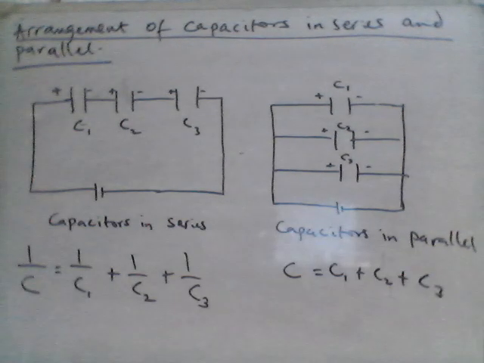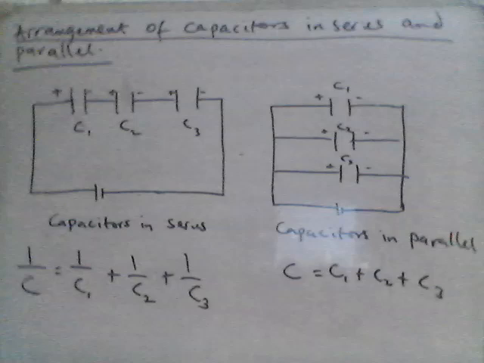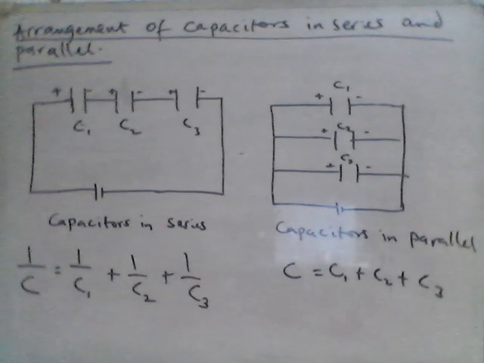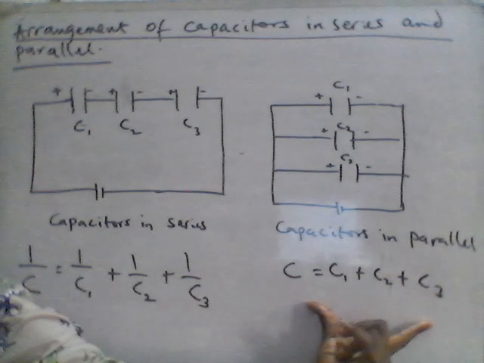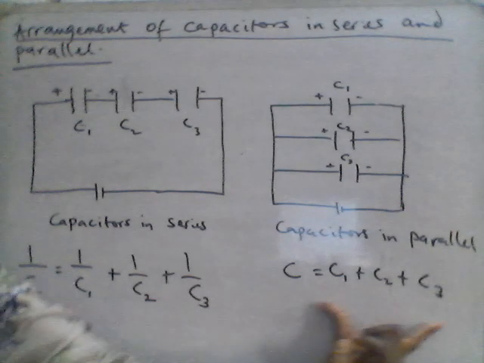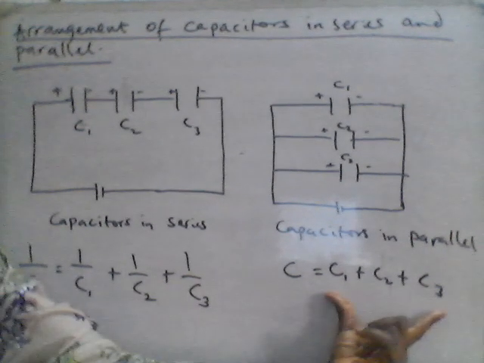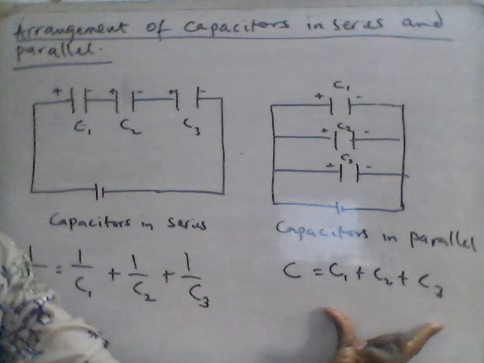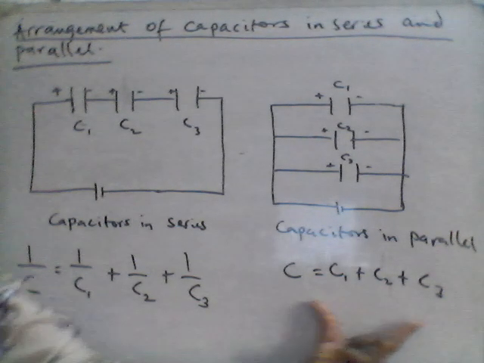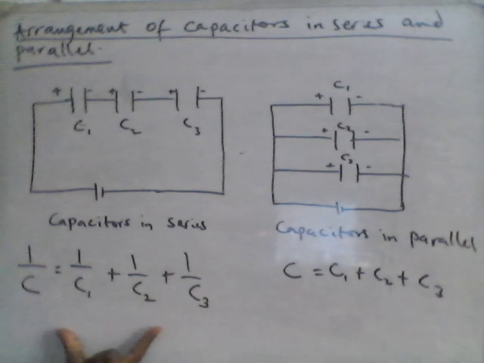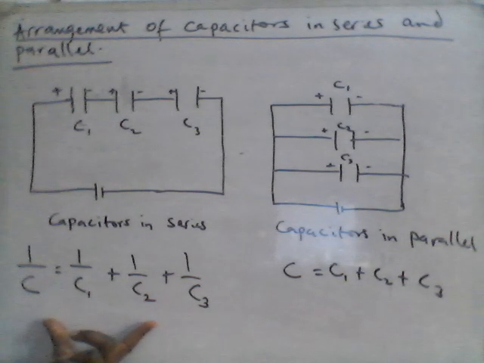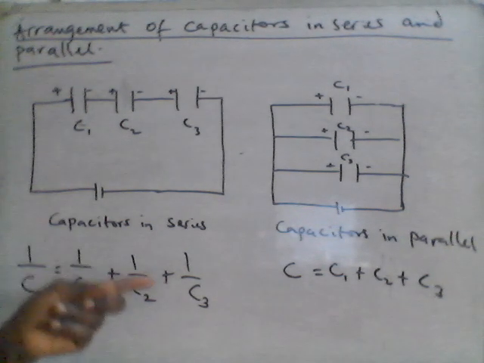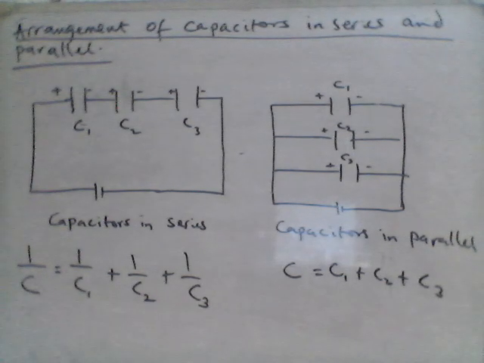Note that this is the opposite of what we did with resistance, where the series total resistance is computed by just summation of the individual resistances, and for the parallel connection, it is the sum of the reciprocal of each of them. You understand? But it's opposite in capacitance. Okay. All right.